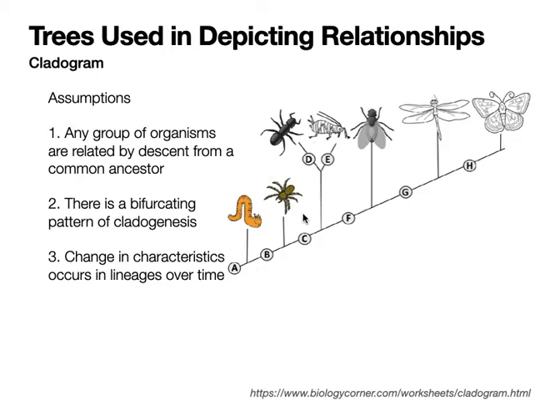Like for example, here D and E, hindi siya pwedeng magtatlo sila because if magtatatlo sila, that should be further resolved. So more characteristics have to be looked into in order to resolve clade na meron siyang tatlong organisms. And the changes in characteristics are assumed to have occurred in lineages over time.